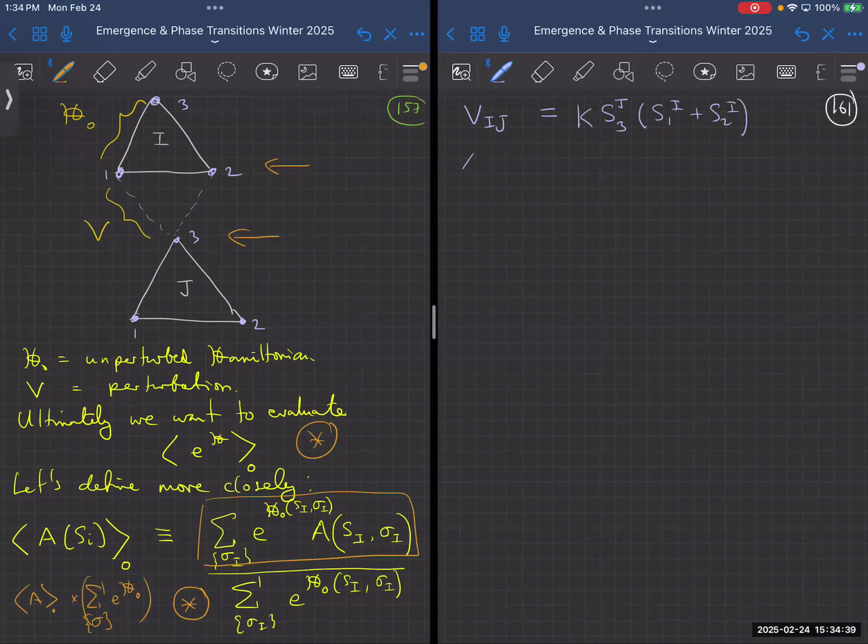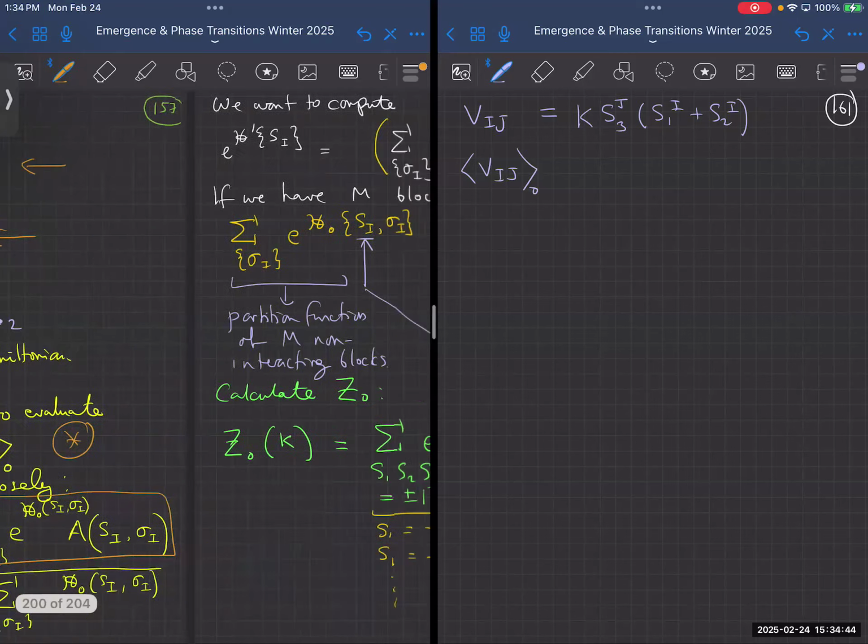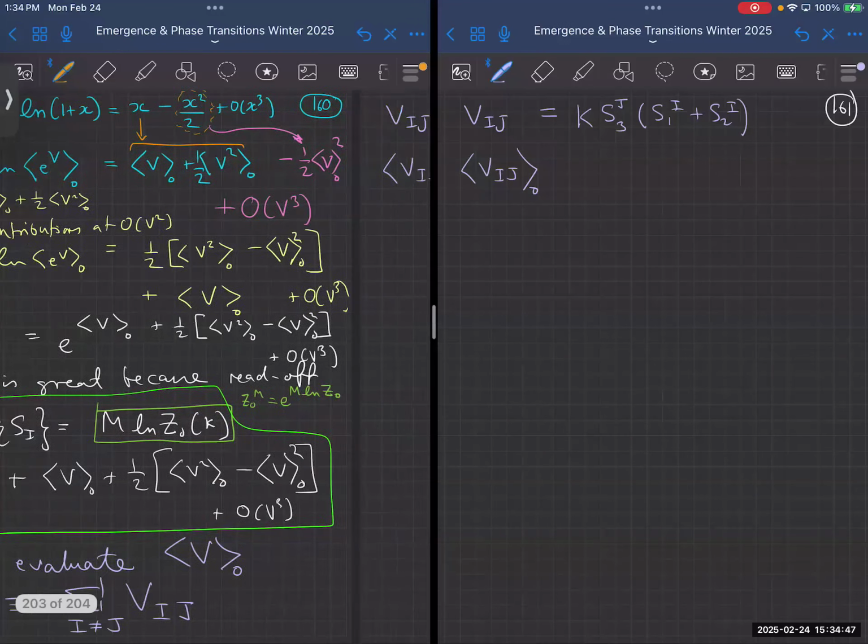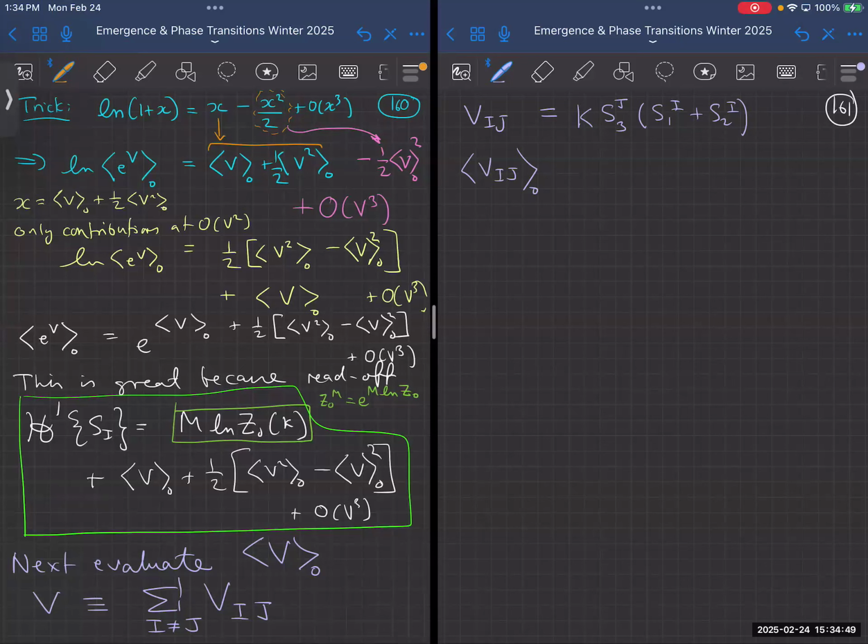And if I want to compute V_ij averaged with respect to our unperturbed Hamiltonian, each of those terms, S1 and S2, is going to give you the same amount. So it's going to be 2K times the expectation value of S3_J S1_I, all evaluated with respect to the unperturbed Hamiltonian, which just couples spins within each block.